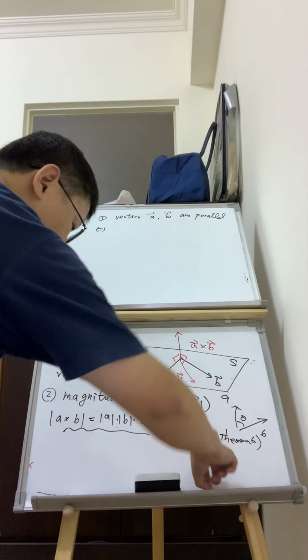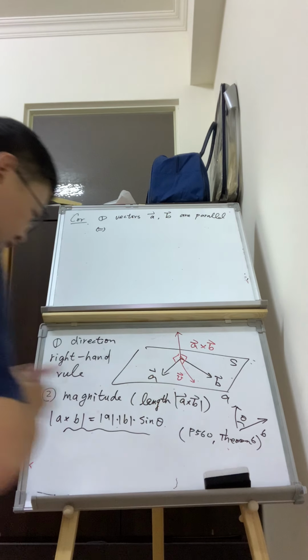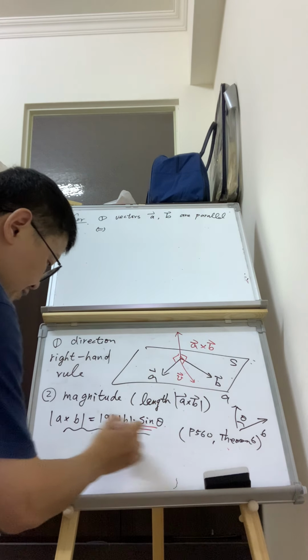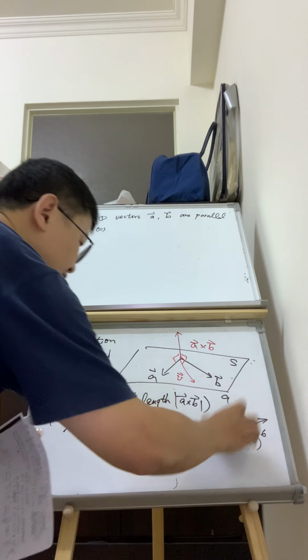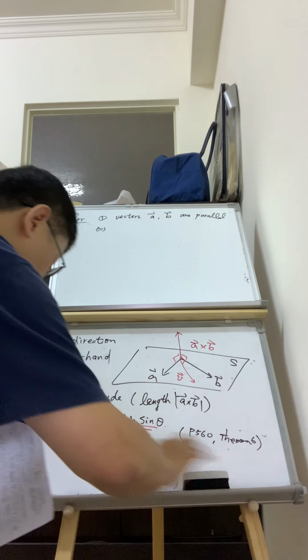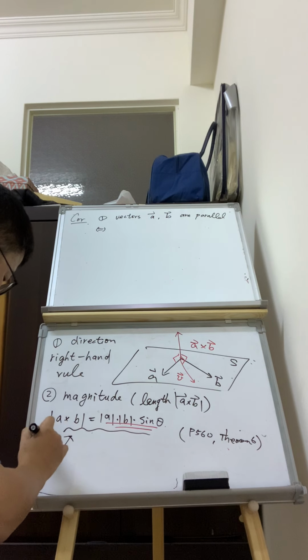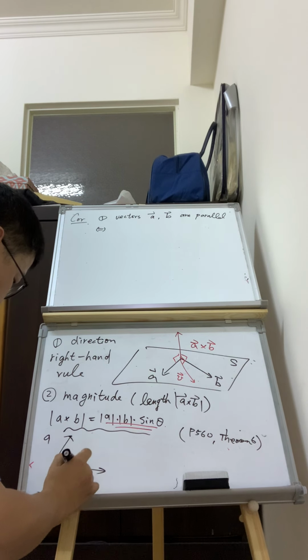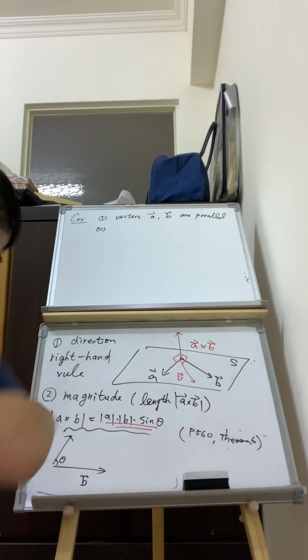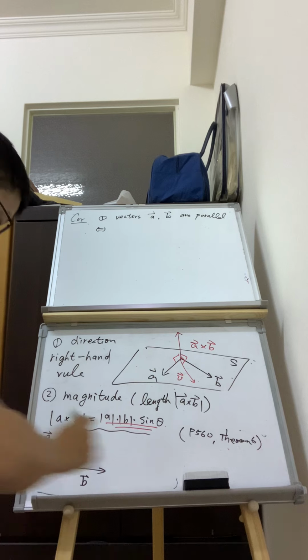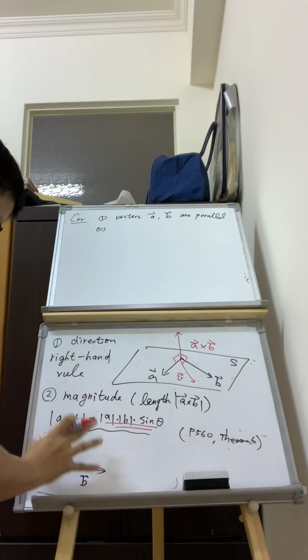Here, what does it mean? Actually, you could view it this way. We have a vector A, we have a vector B, and the angle theta. So, what does the value mean in the graph?